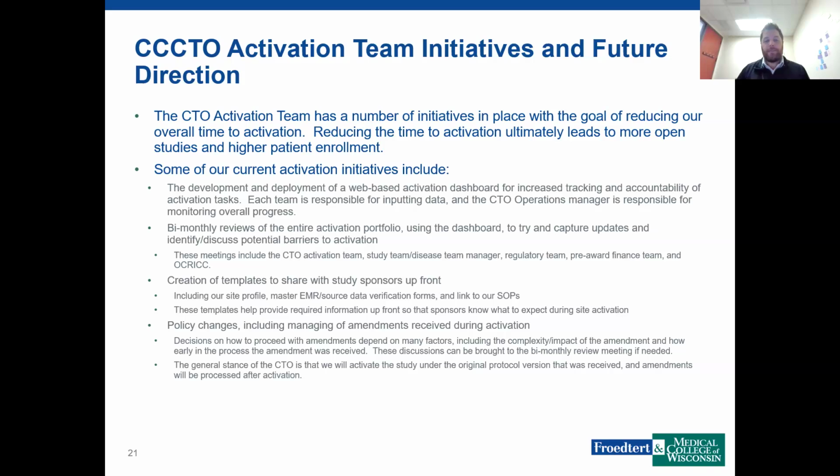We will have independent meetings for each disease group where we get all of those groups together and review their entire portfolio. It helps us stay in line with knowing who might be working much faster than the other. Like if the IRB submission is ready to go, but we don't have a budget template, that's a red flag that the budget team needs some help, and the regulatory team might not have all of the budget information that they need.